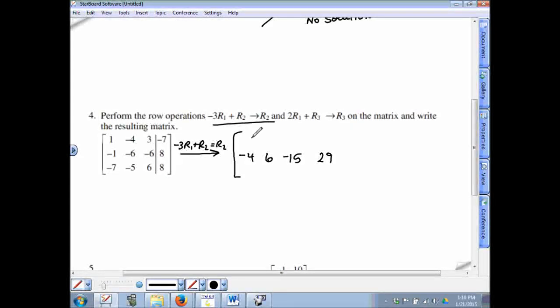Now we can do the same one here, or the second row operation using this same matrix. So we can do 2 times row 1, add that to row 3, and that's going to equal row 3.